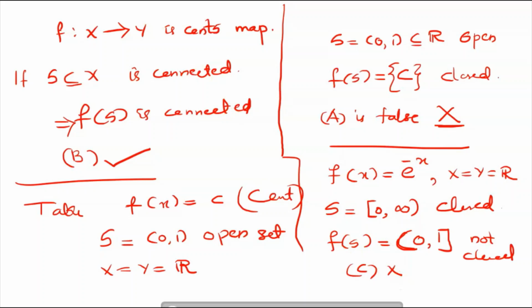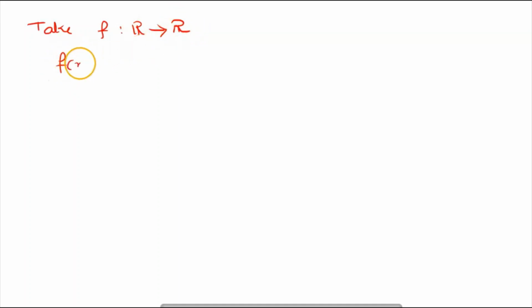Now let's check option D. Take f from R to R, f of x is equal to 1 by x, the mapping 1 by x, and taking S equal to open (0, 1), which is a subset of R. What is f of S?